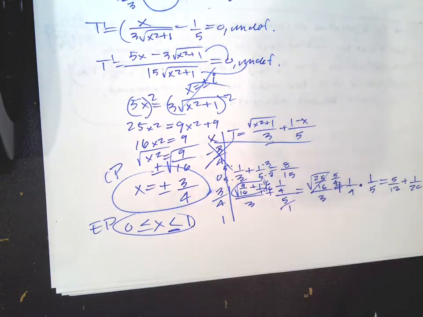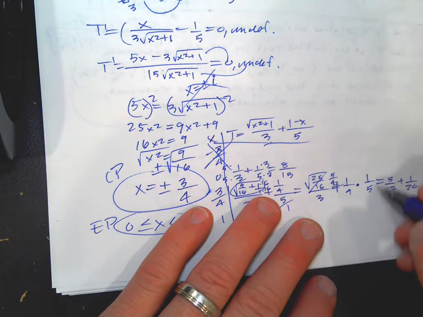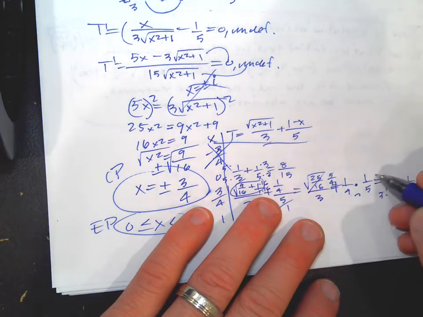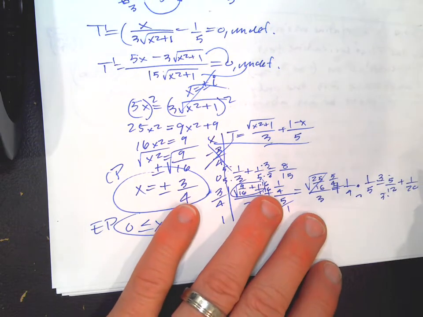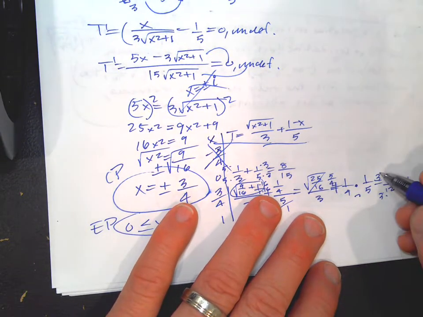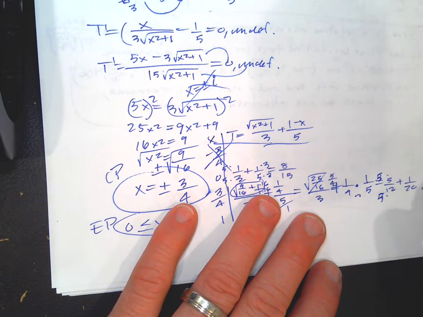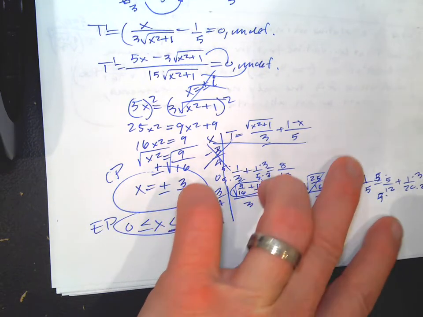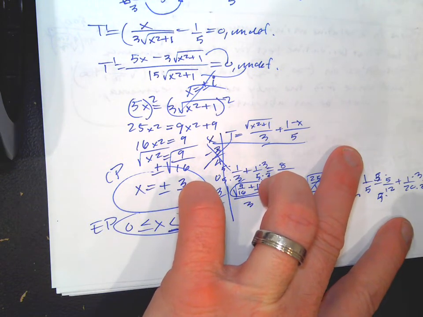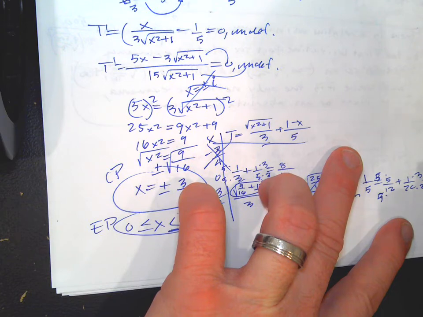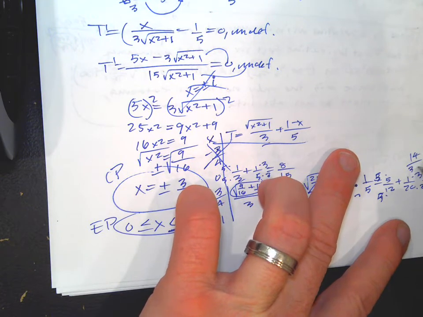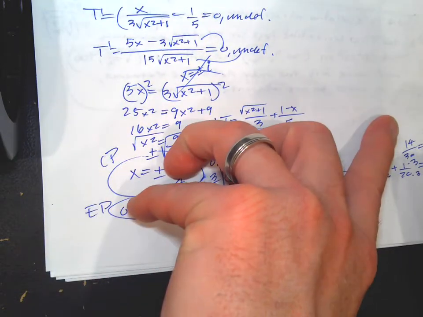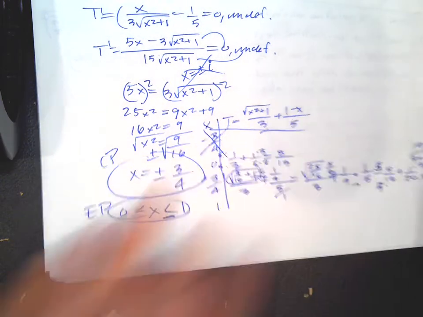So least common denominator would be, not 3, 5. And this one would be 3. So it's going to be 28 over 60. It's going to be 14 over 30. It's going to be 7 over 15.